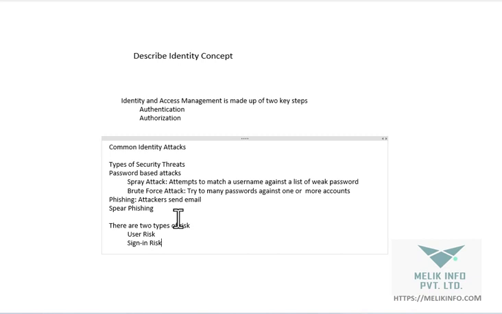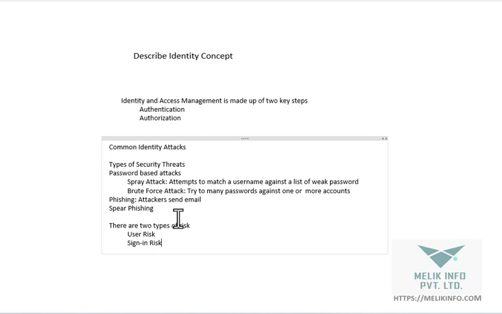User risk represents the probability that a given identity or account is compromised. Your username and password is stolen. So, user risk.